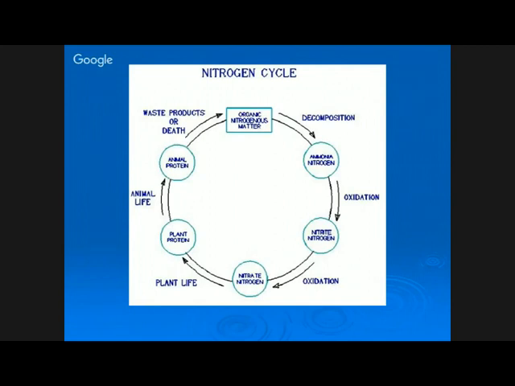Ammonia, after oxidation, gives NO2, and then NO2, after oxidation, gives NO3. Then it goes into the chain, into the plants, and then animals, and then again comes to the natural waters. So this is the N2 cycle.